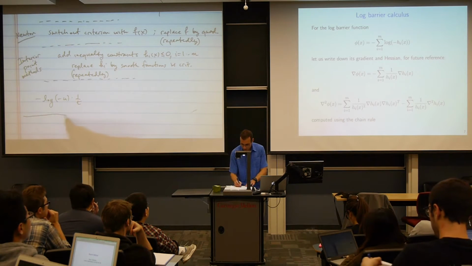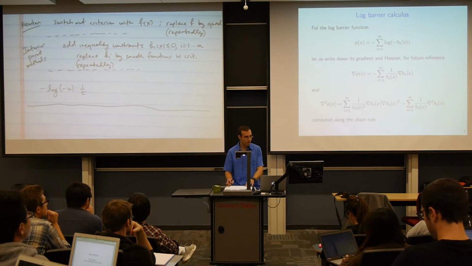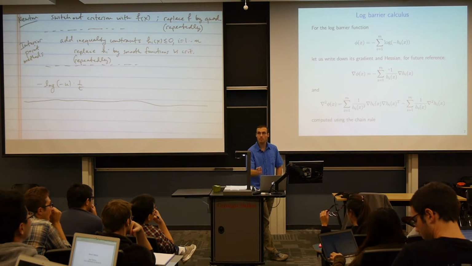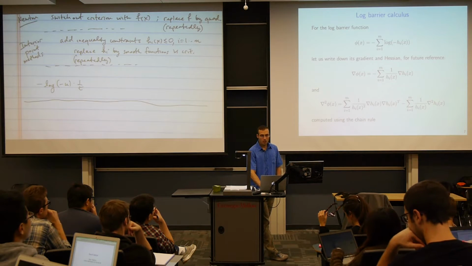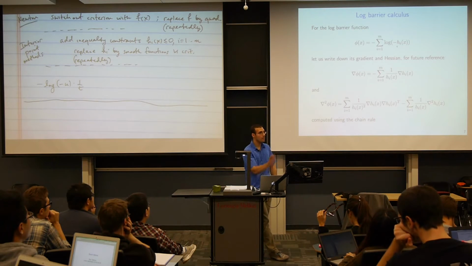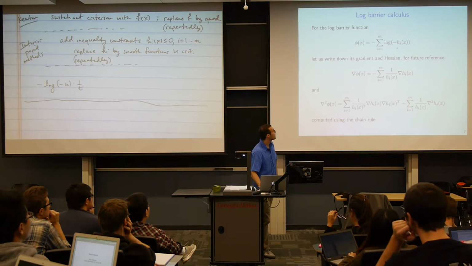If any of this is unclear, sit down with a pad of paper and go through the steps of the chain rule. First of all, the sum doesn't matter. Just think about the gradient of minus log of minus h_i of x for each i, and then apply the sum at the end.